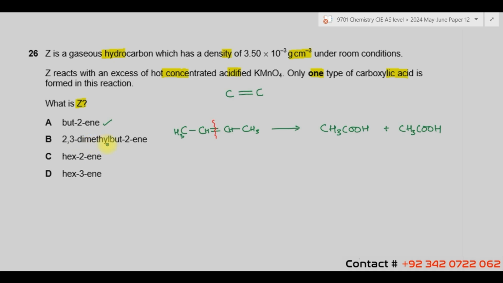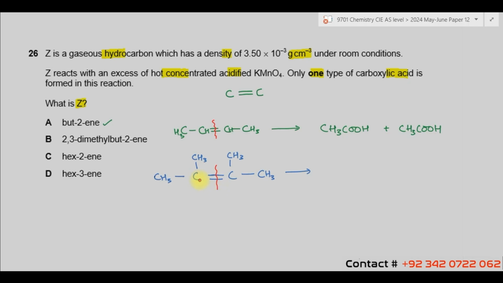Next one is 2,3-dimethyl-but-2-ene. So we have but, which means 4 carbons are there. 2-ene means double bond is between second and third. 2,3-dimethyl means one methyl group is on the second carbon, one on the third carbon. So again we can see that this molecule is symmetrical. The left side and right side are the same. So again bond cleavage will happen.